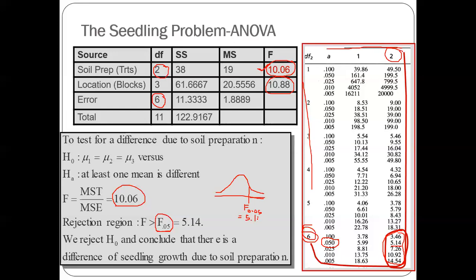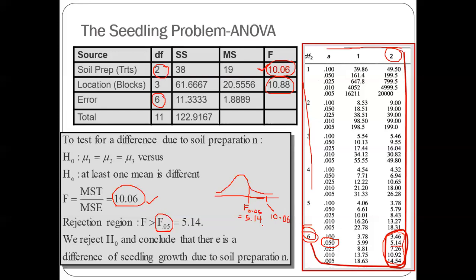So now your test statistic of F, you get the value 10.06. So it must be something around here. Something around here that refers to 10.06.